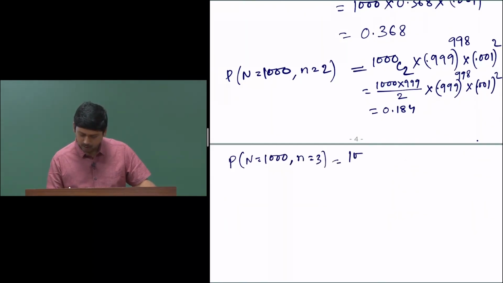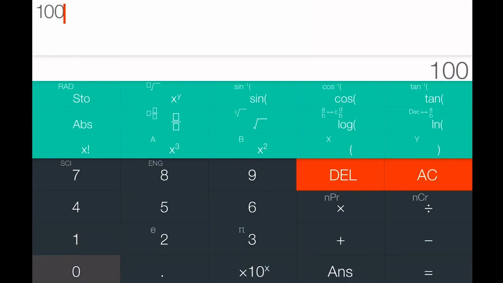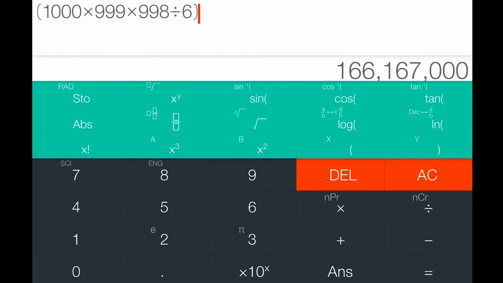Now the last one, which is N equal to 1000, small n equal to 3. This will be 1000 C 3 into 0.999 to the power 997 into 0.001 to the power 3. First we will do 1000 C 3, one by one, because otherwise it will not work. So, 1000 C 3 is 1000 into 999 into 998 divided by 3 factorial, which is 6. So, that is this much, followed by 0.001 to the power 3.